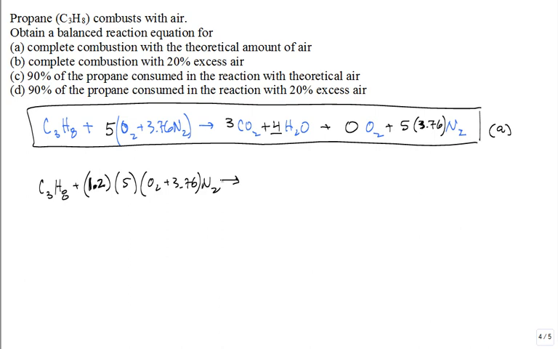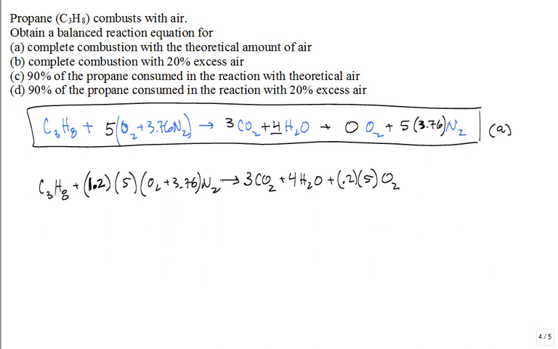Okay. Does it change the CO2? Does it change the H2O? But I'm going to have some oxygen left over. I'm going to have 0.2 times 5 oxygen left over. 100% of it was used, but 0.2, the 20% excess, was unused, and so it's the 0.2 times the 5 O2s.